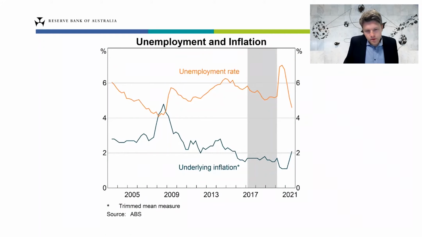So the most basic way to infer the NAIRU is to simply look at what's happening to the unemployment rate, wage growth, and inflation. But the way that the bank does it is a little bit more sophisticated than that. Basically, we use a range of statistical models to estimate where the NAIRU is. We go and get data on inflation, wage growth, the unemployment rate, and some other variables.